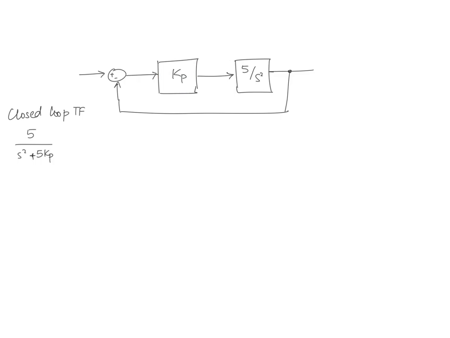So now let's put this on the visualization and see what happens. The original plant has two eigenvalues which are both 0. So I can put two crosses, one on top of each other, right here at 0. Those are the eigenvalues, and that's it.